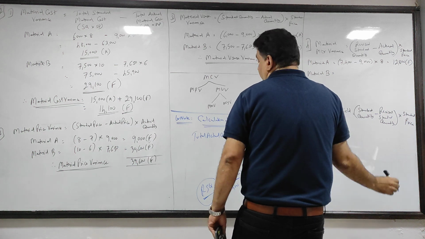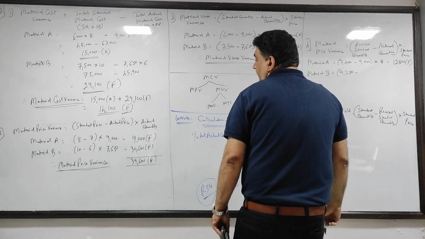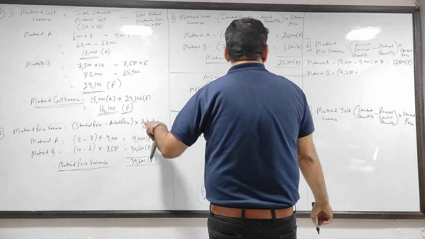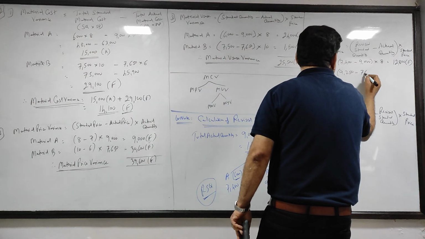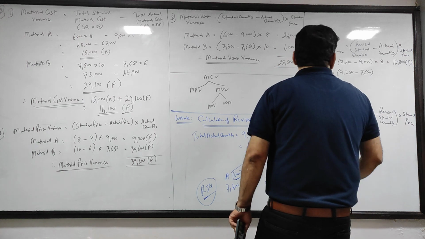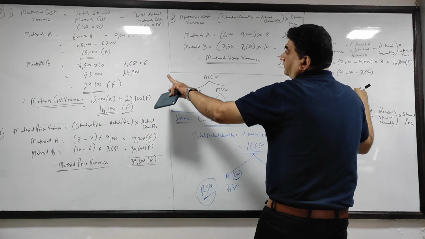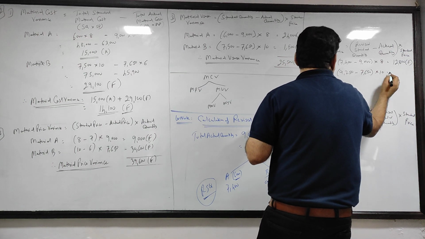Material B, RSQ कितना है 9,250 minus actual quantity. What is the actual quantity of B? 7,650. Okay, actual quantity is 7,650 into the standard price कितना है 10.